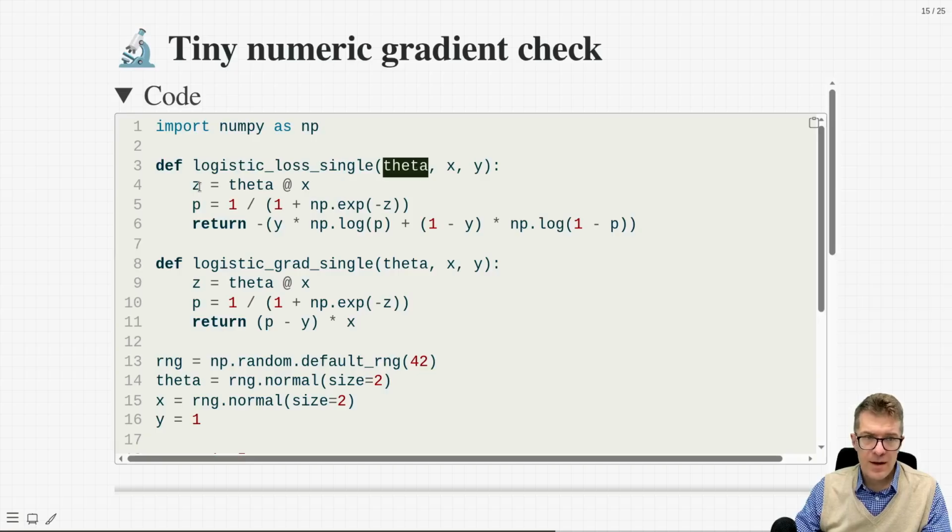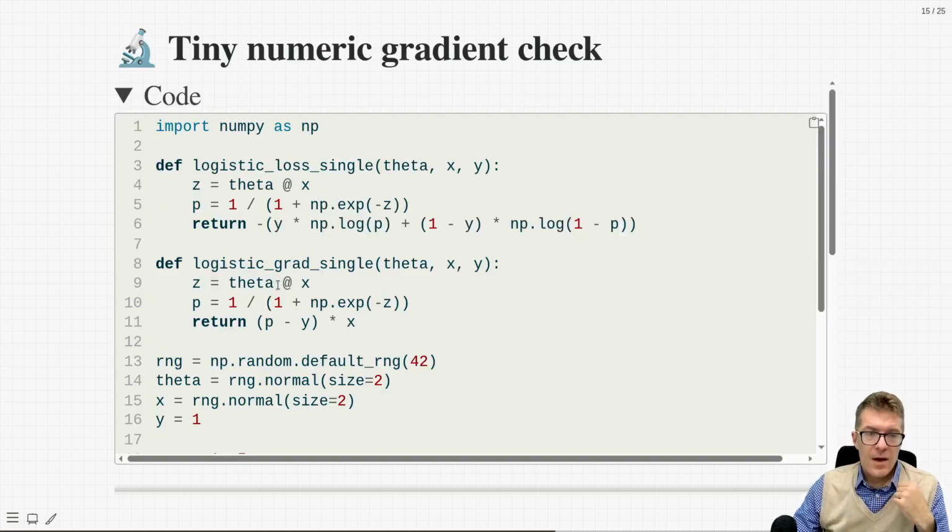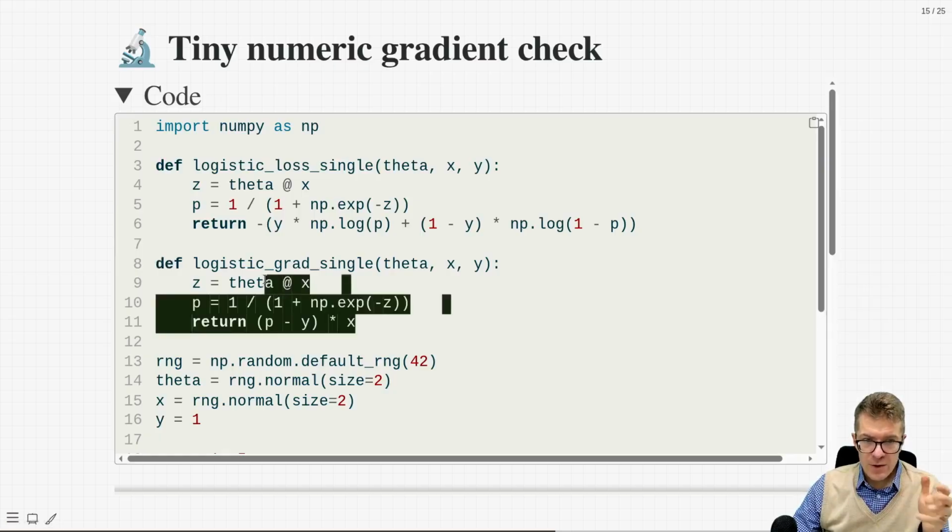I have my linear estimate, which is just theta times x, where x is my input. And I have my true output y, which I'm trying to estimate. You can see clearly here that this is the in-code version of the loss function we saw in math form before, right? Negative of y times log of p plus 1 minus y times log of 1 minus p. And then we have this function that defines our logistic gradient for a single data point.